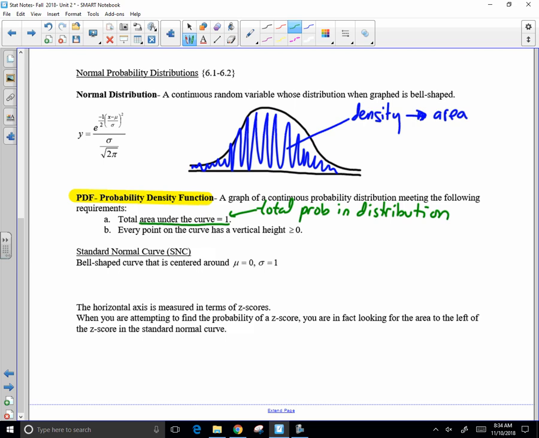All right. Every point on the curve has a vertical height greater than or equal to 0, and also less than or equal to 1, right, as it turns out. A lot of the curves don't even go as high as 1, so I don't max it out at 1 specifically, but they're non-negative.